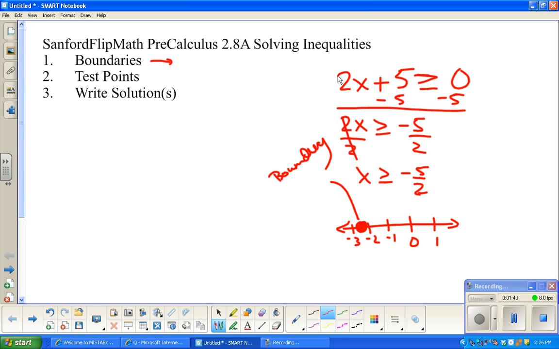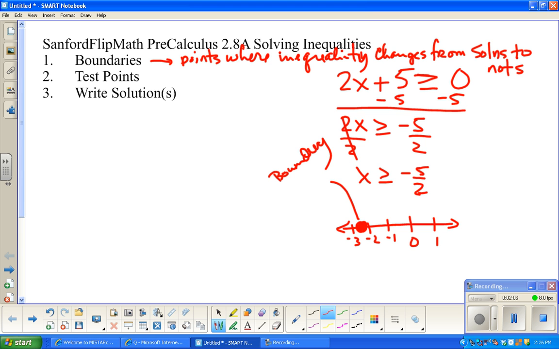So the points where the inequality changes from solutions to not solutions. Okay, that's very deep, isn't it? So in this case, at negative 2.5 or at negative 5 over 2, that's where we switch from things that are solutions to aren't solutions.